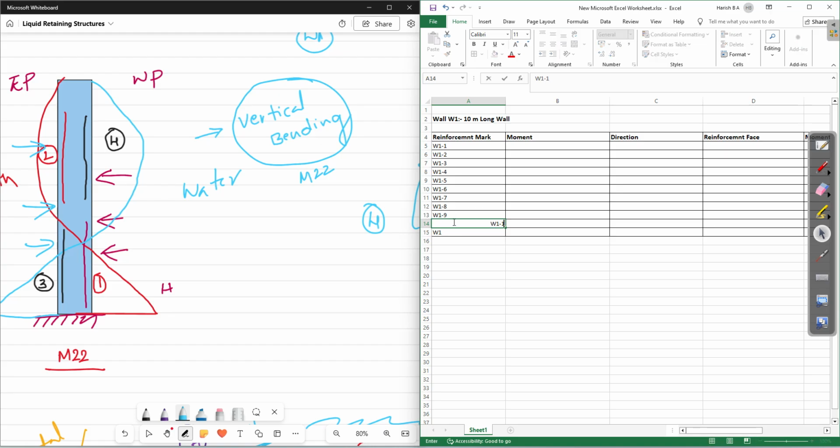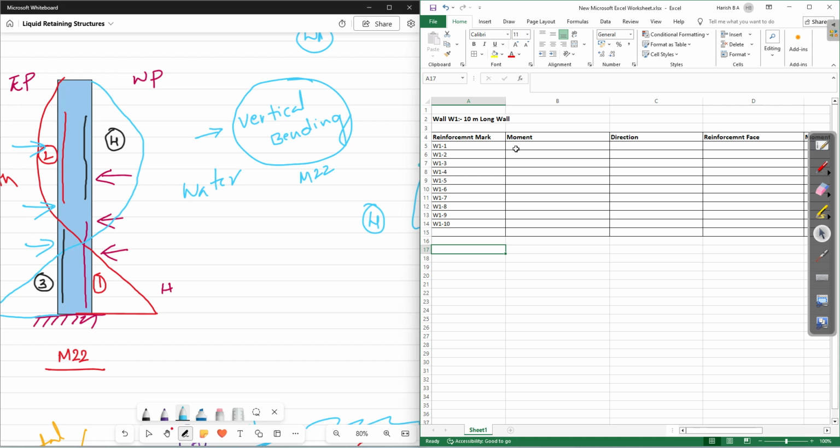Okay, so we have 1, 2, 3, 4, 5, 6, 7, 8, 9, 10. So for each wall, you have to write 10 bending moments.